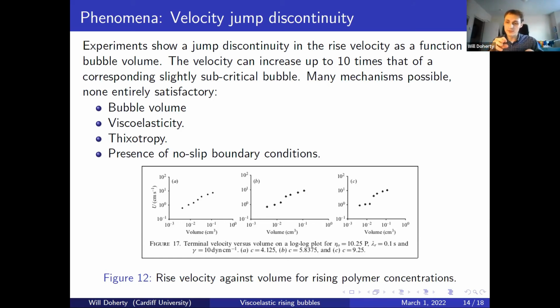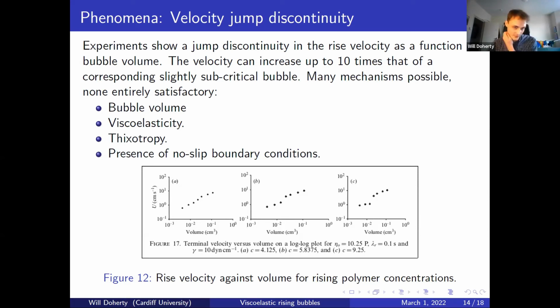Also, viscotropy is interesting. As I said with the Boger fluids, because the jump wasn't shown experimentally with constant viscosity fluids, it was suggested that you could have a shear dependent viscosity or time dependent shear viscosity. So viscotropy could be a thing. And also the presence of no slip boundary conditions is quite important as well.